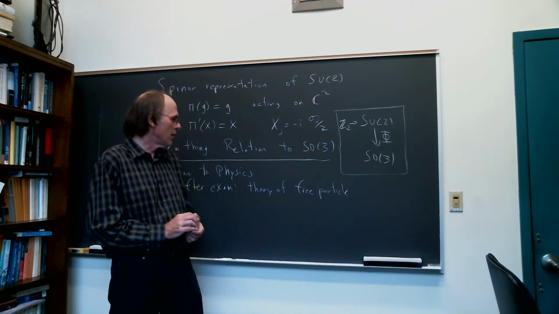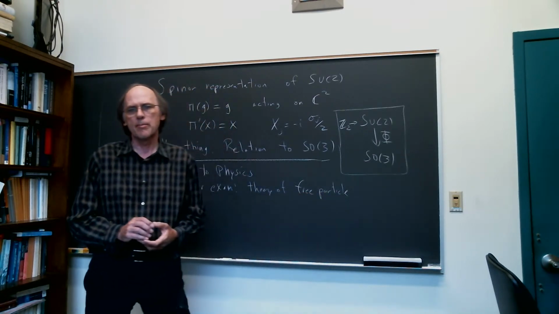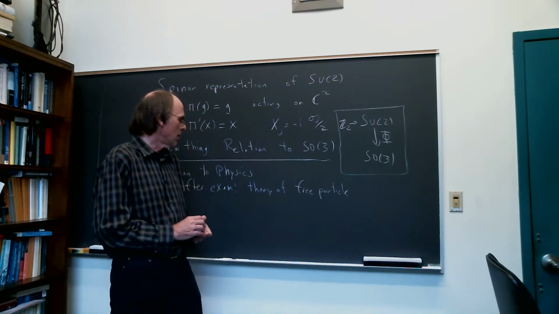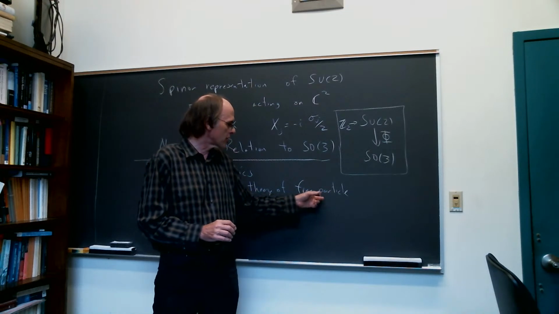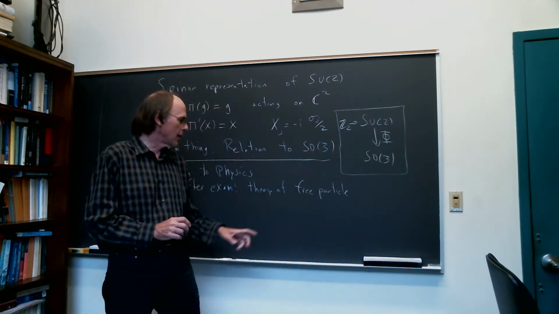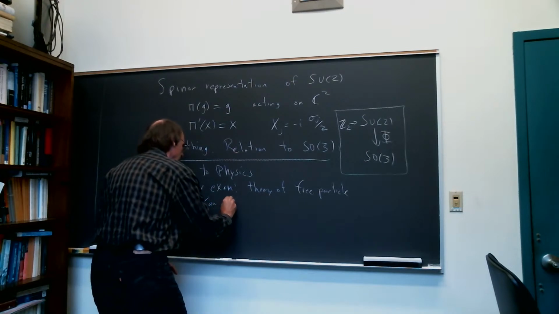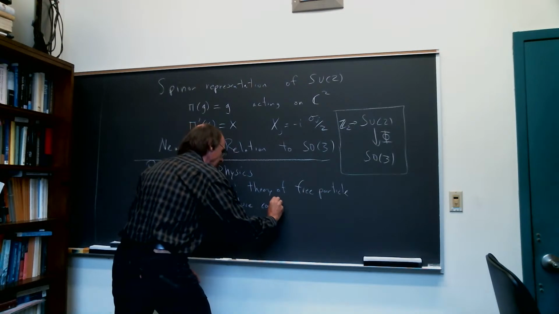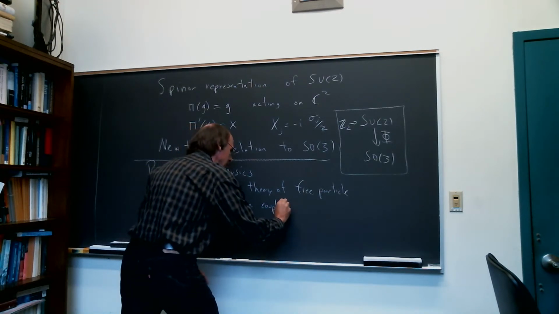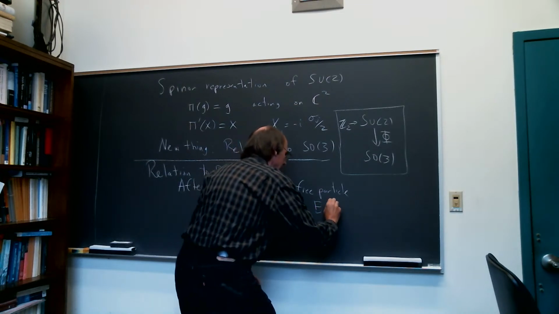And then if you have a theory of a free particle, you can imagine introducing forces and talking about forces acting on a free particle by introducing coupling to a magnetic field, to electromagnetic fields.